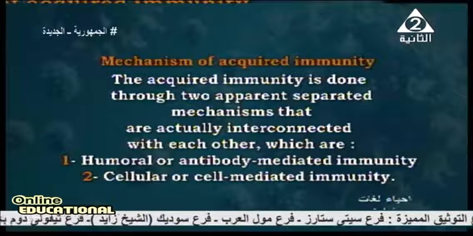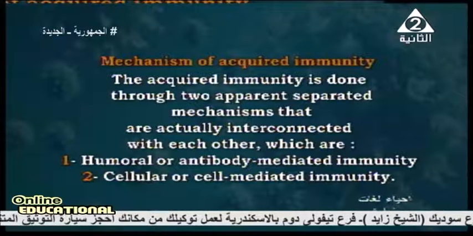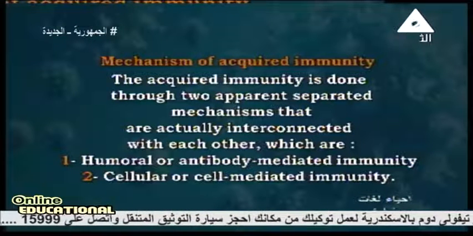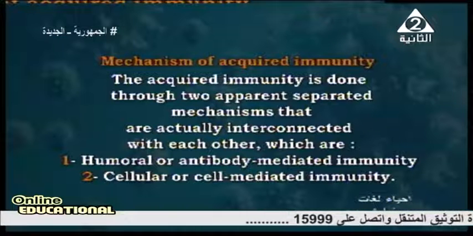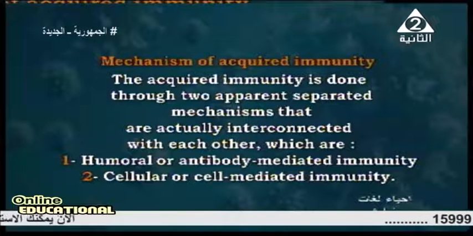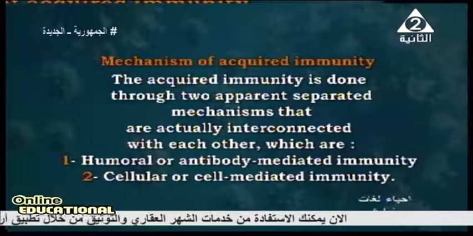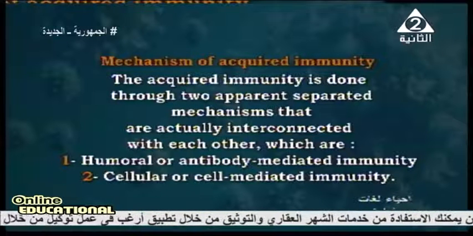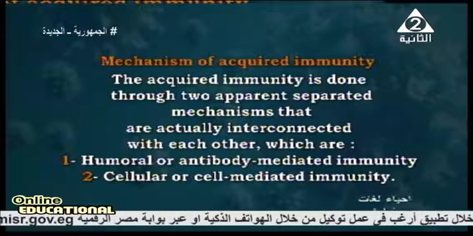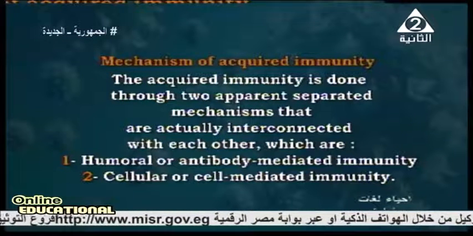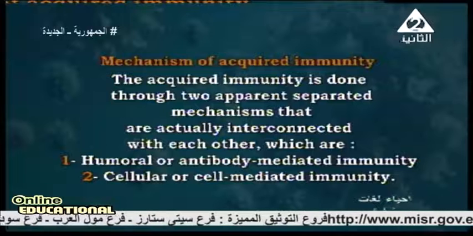What is the mechanism of acquired immunity? The acquired immunity is done through two apparently separate mechanisms, but actually interconnected with each other. The first is known as humoral or antibody mediated immunity, and the second is known as cellular or cell mediated immunity. So there are two types of acquired immunity.